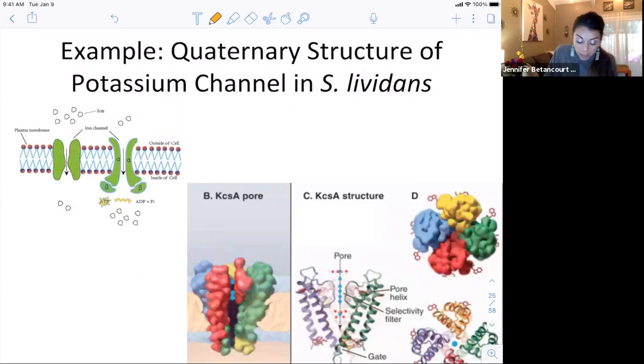And so here is one subunit. This is a subunit. This is a subunit. These happen to be the same primary amino acid sequence. It's called a protein channel or an ion channel, and this ion channel can only work when you have all 4 subunits together.